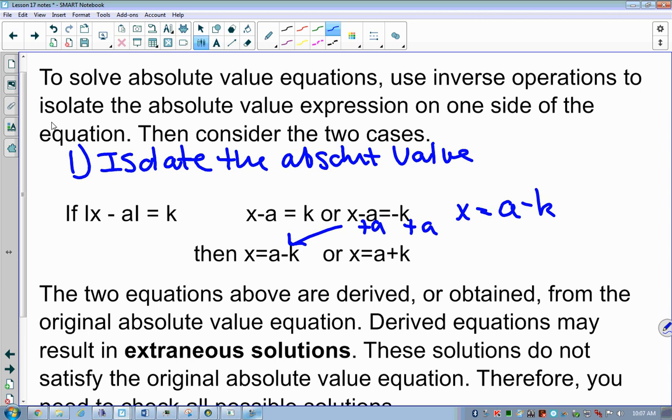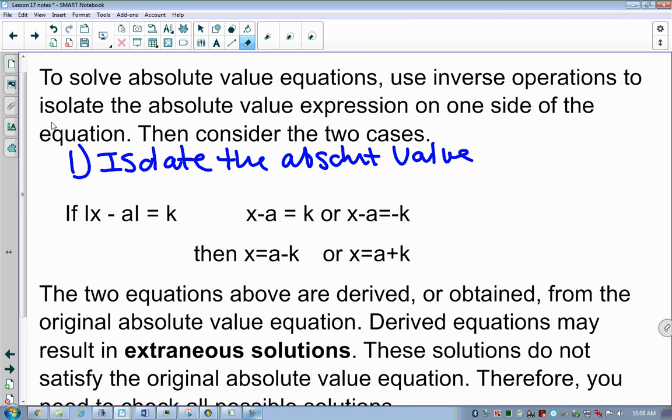Or, if I look at this one, I'm adding a, x equals a plus k. I kind of wish that they would have done those in different orders, but if I was trying to solve for x, I could have done that. Does that make sense? Okay, I can slow down. Did I go too fast? No. Okay. All right.